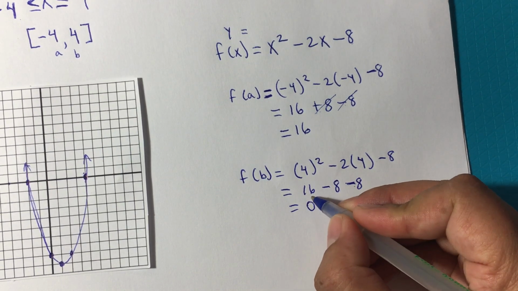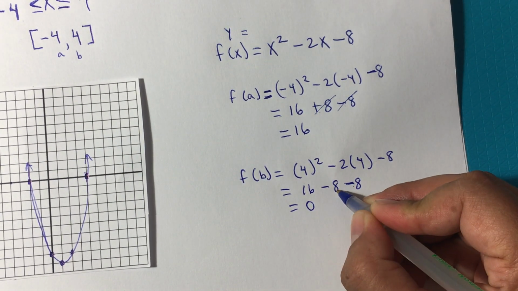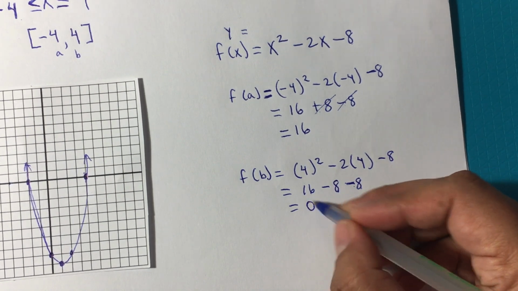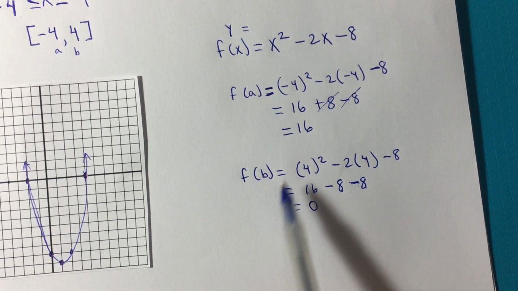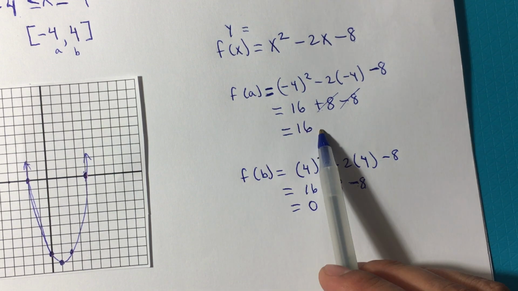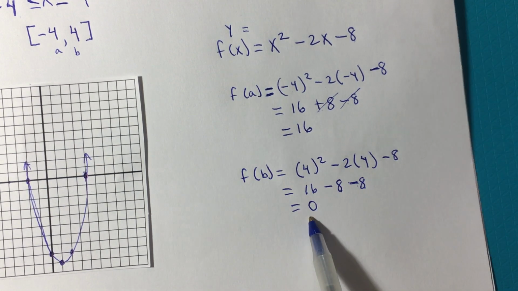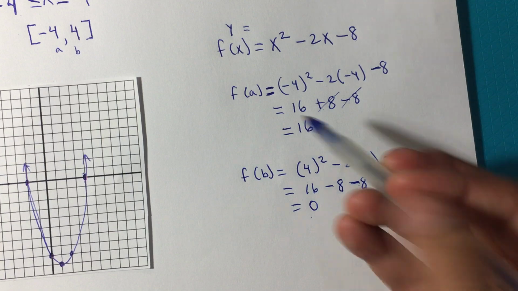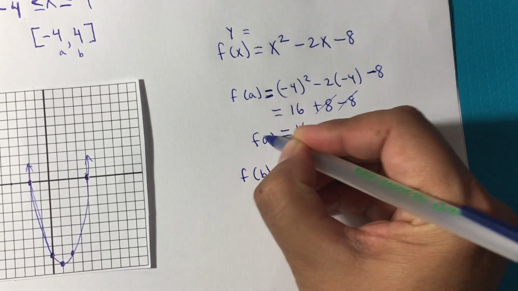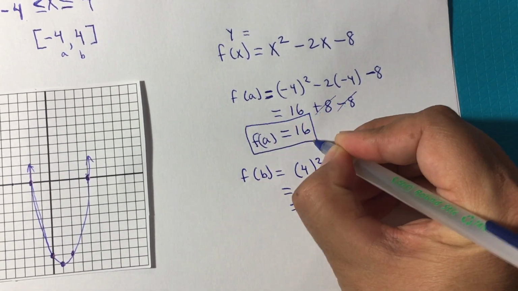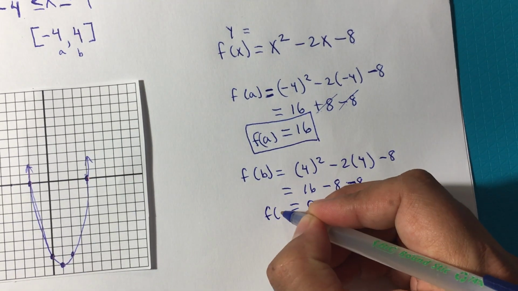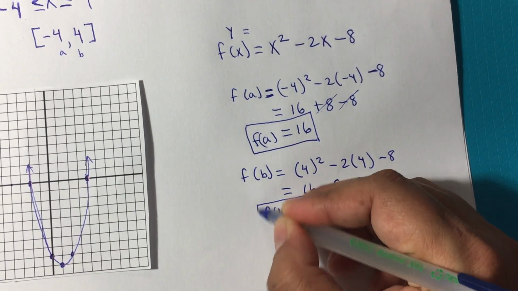Or the other way to see it is 16 minus 8 is 8, minus 8 is 0. So now we see that f of a is 16 and f of b is 0.